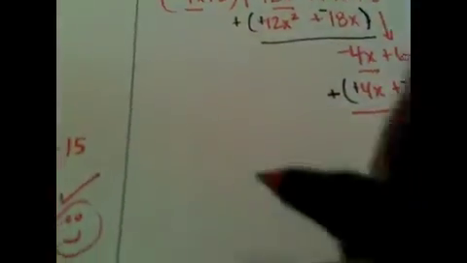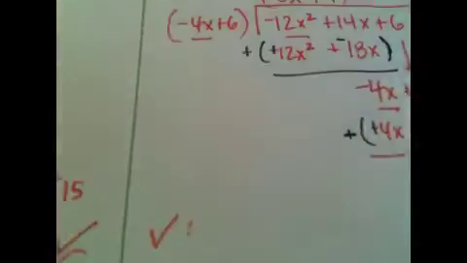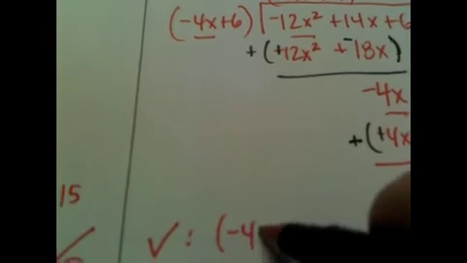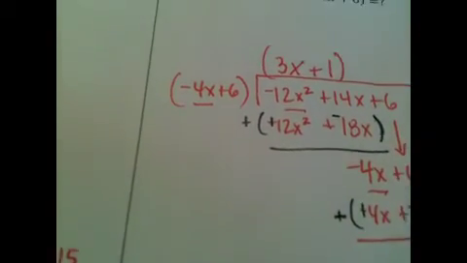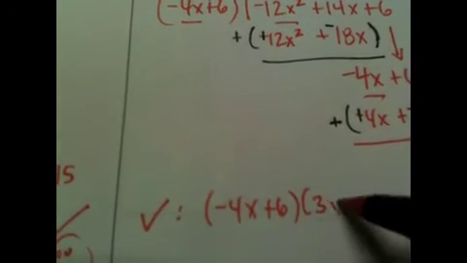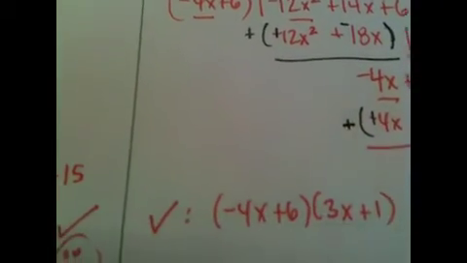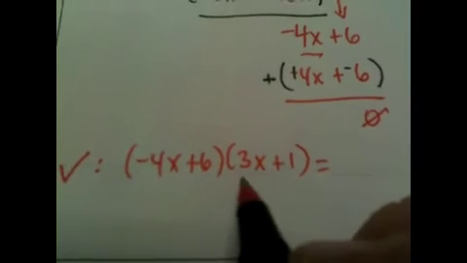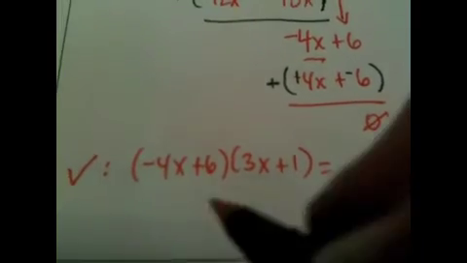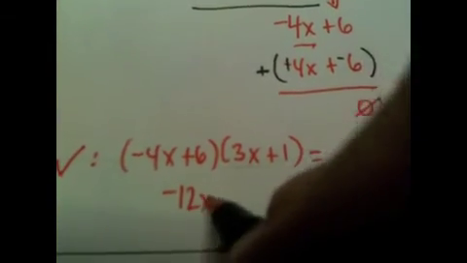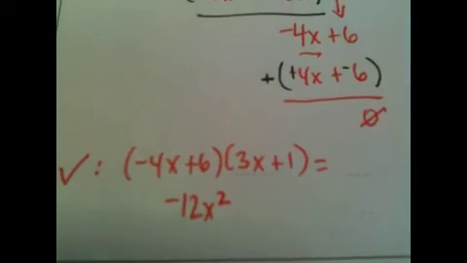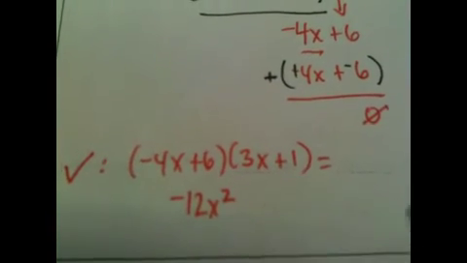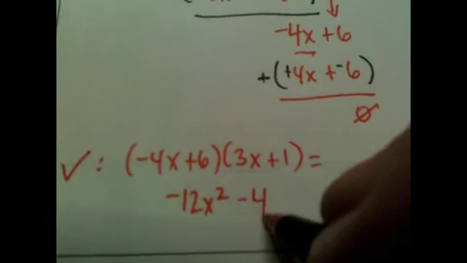Okay, let's just do a quick check. Take our divisor, negative 4x plus 6, multiply it by the quotient, 3x plus 1. Let's do the full method and see if we get the correct answer. First will be negative 4x times 3x, which will be negative 12x squared. Looking good so far. Outer, negative 4x times 1, which is negative 4x.